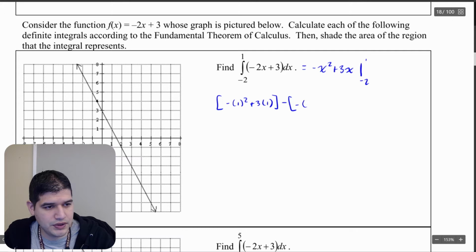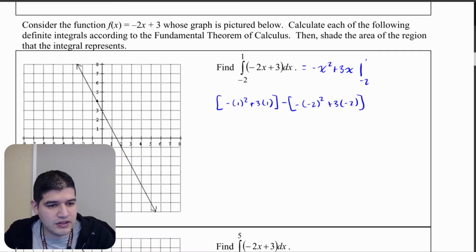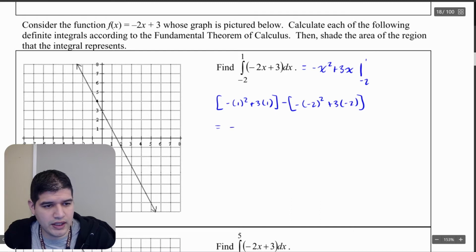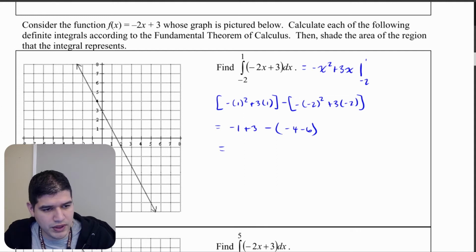So I'm going to substitute negative 2 in for x, and we just need to solve this. I get negative 1 plus 3 minus negative 4 minus 6. That's going to turn into a positive, so that's 2 plus 10, which equals 12.